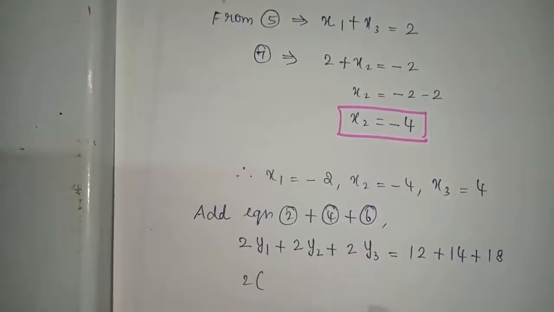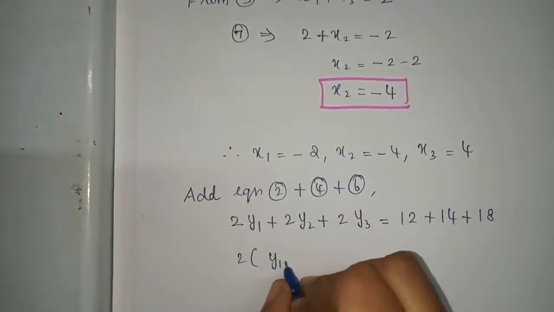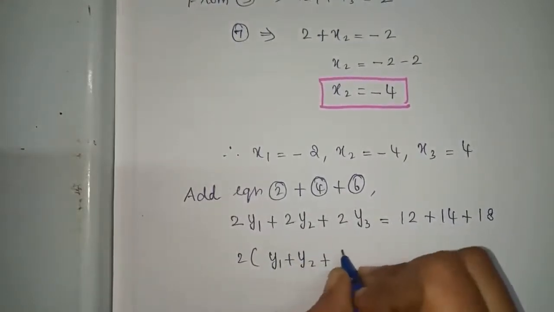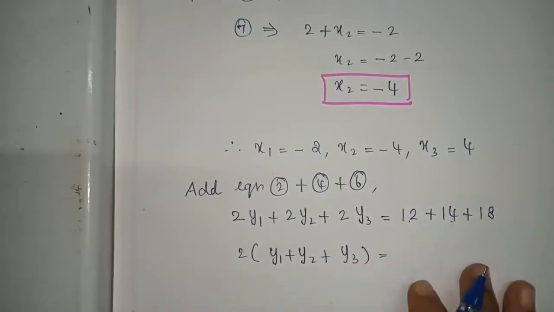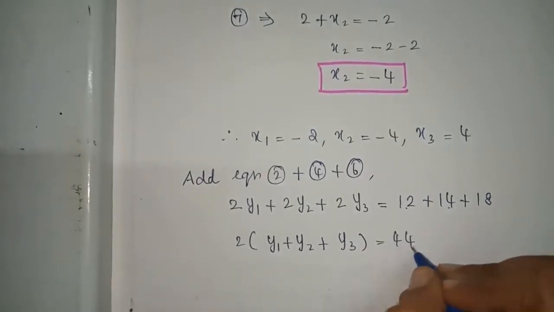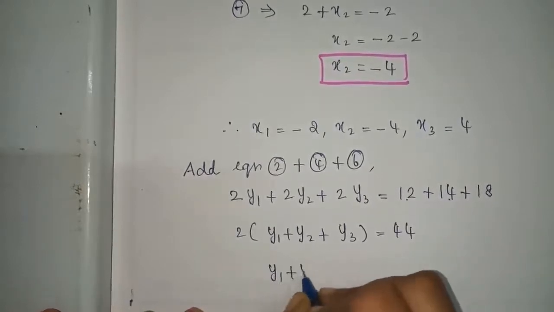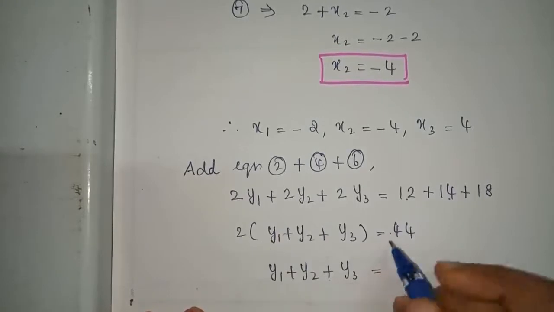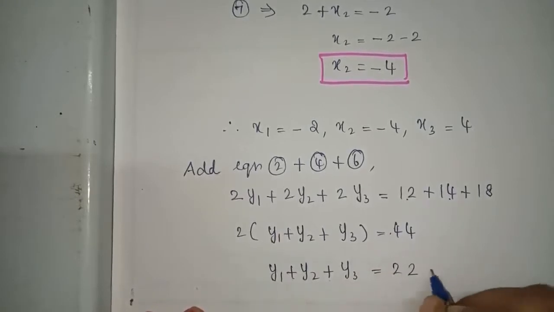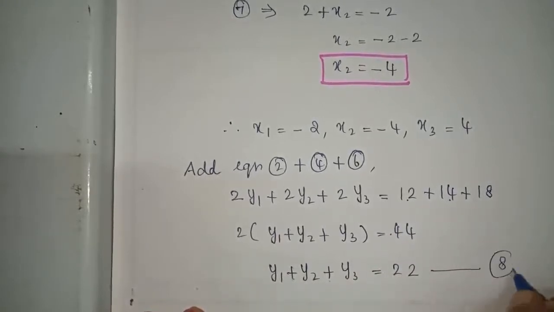So 2 times (y1 plus y2 plus y3) is equal to 12 plus 14 plus 18, which is 44. Therefore y1 plus y2 plus y3 is equal to 44 divided by 2, which is 22. This is equation number 8.